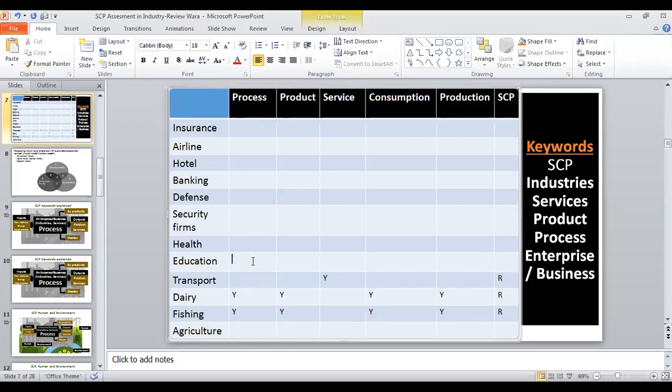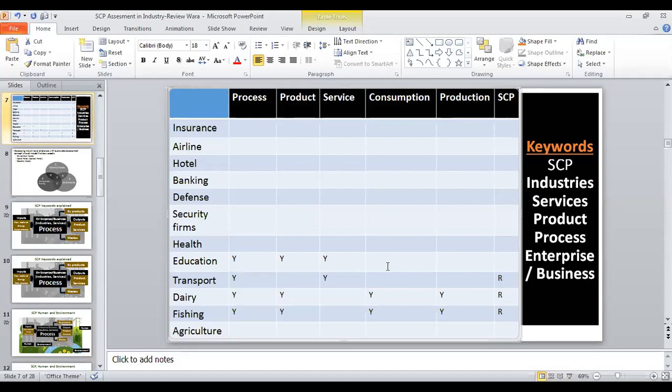Education. Yes, education is something like a process. Even transport has something like a business process. A service process is there, so I can say yes to the process for education. Products: I would say yes, you will be a product of education once you graduate. Services, yes.